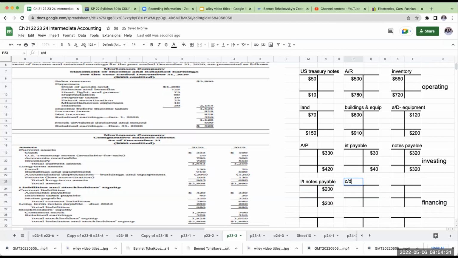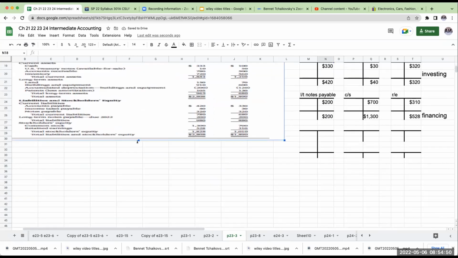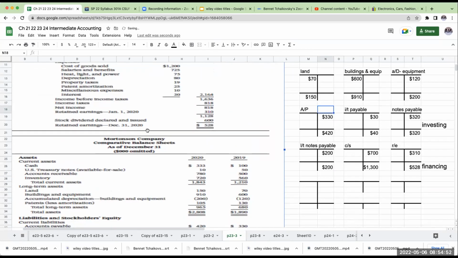Then we have common stock. Opening is 700, ending is 1300. And then we have retained earnings. Opening is 310, ending is 528. Okay. So that takes care of our different items over here.